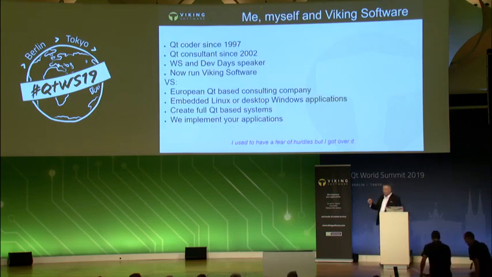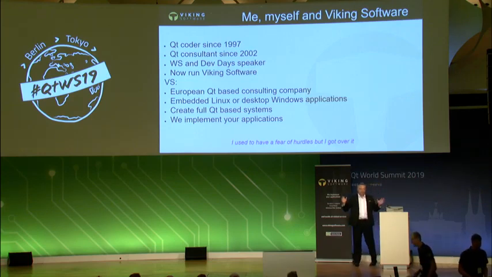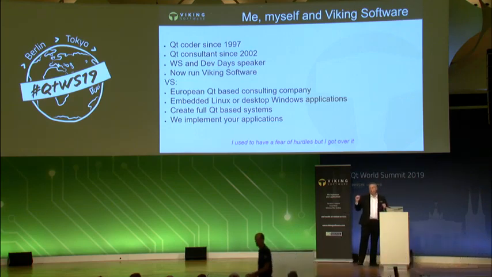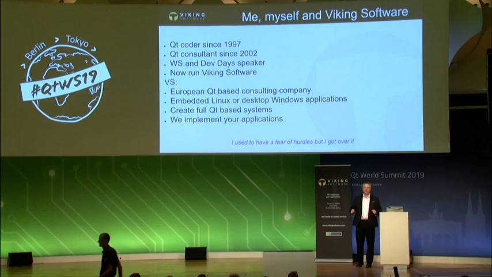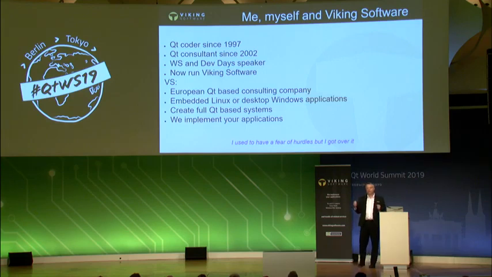So, me. I run a company called Viking Software. We are doing Qt stuff because that's what I like. When I started the company, I got to choose, and I chose Qt, of course, because I started doing Qt coding in March 1997, so 22 years and 7 months ago. That's a bit of time.